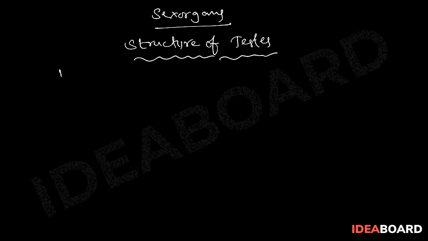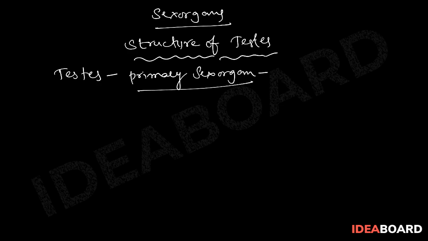The testis is considered the primary sex organ. A primary sex organ is the organ where gametogenesis takes place. So the testes are the organs which are useful for the production of sperms.